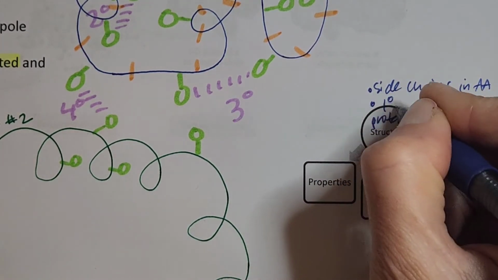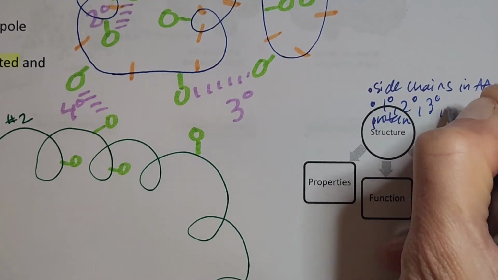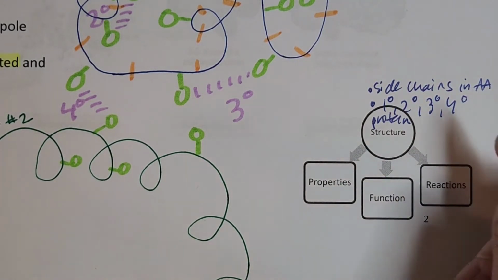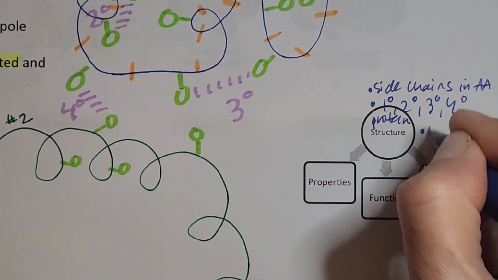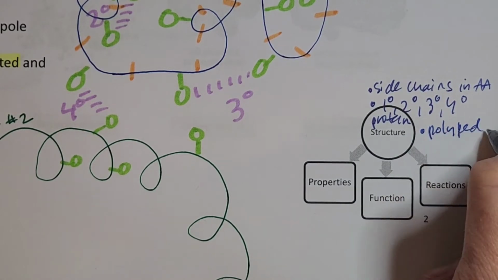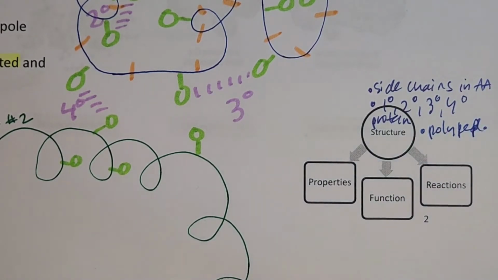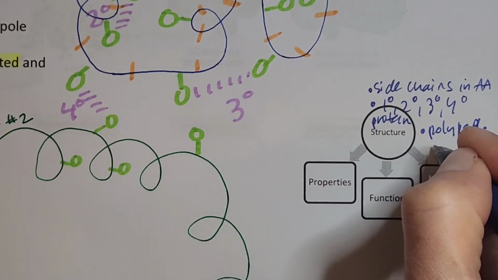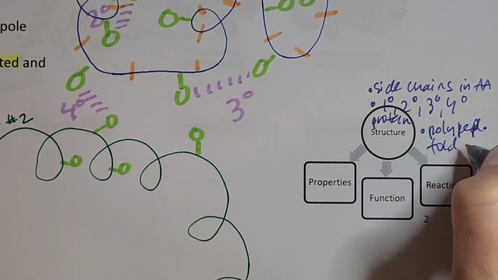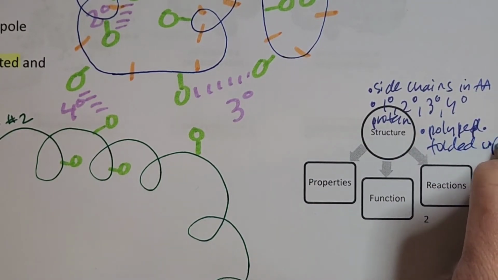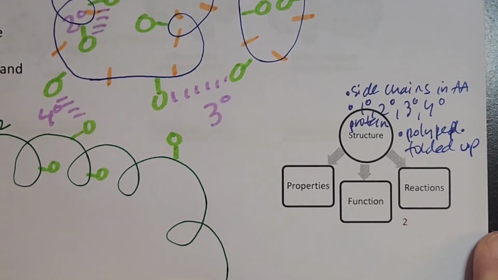We're also going to see, like we were just looking at, primary, secondary, tertiary, and quaternary structure. And those polypeptides end up folded into some different types of arrangements. So I'm just going to say those polypeptides end up folded up.